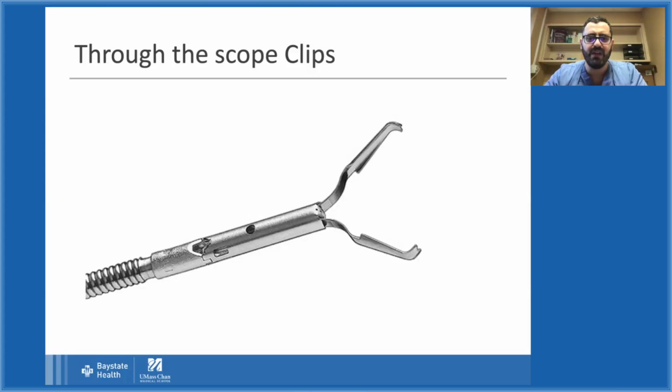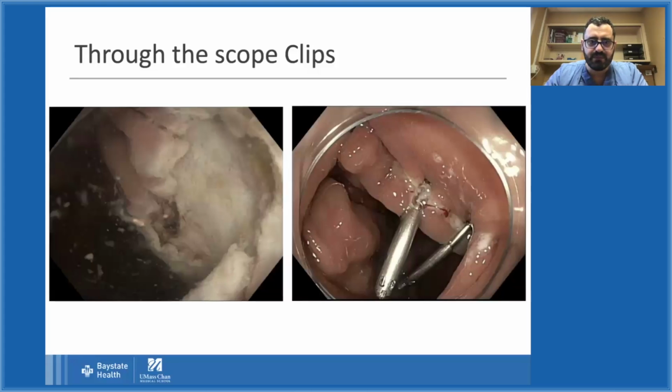If there's a real perforation, they're not the best tools to close a defect, but they are nice to bring all the margins closer and, hopefully, decrease the risk of bleeding later on. So this is a nice picture of a polyp that I removed on the left. And you see this nice defect. It was very well closed with a couple of clips.